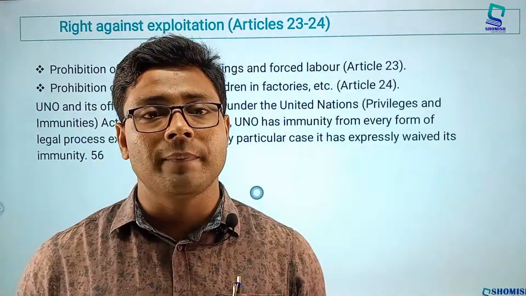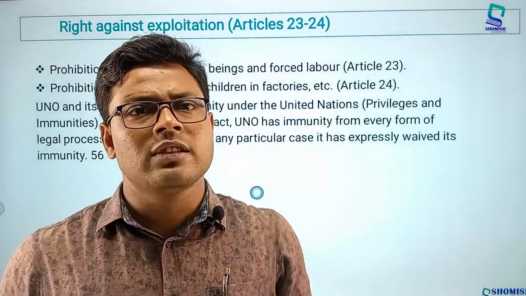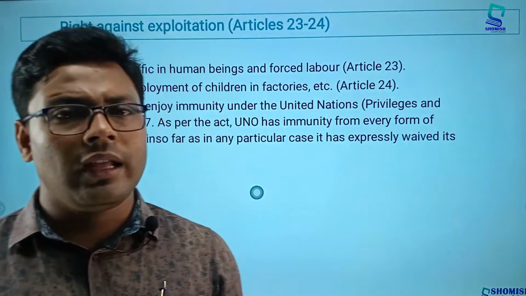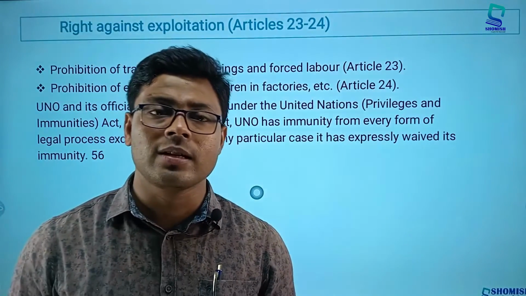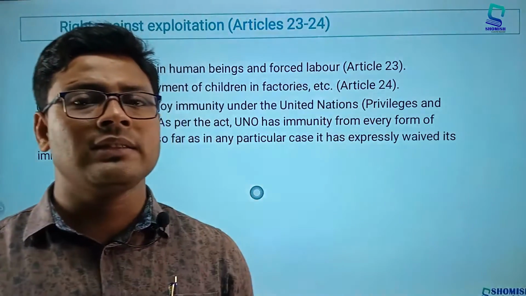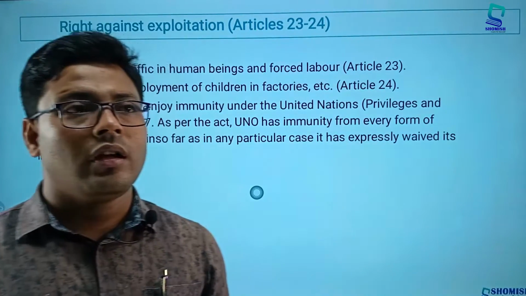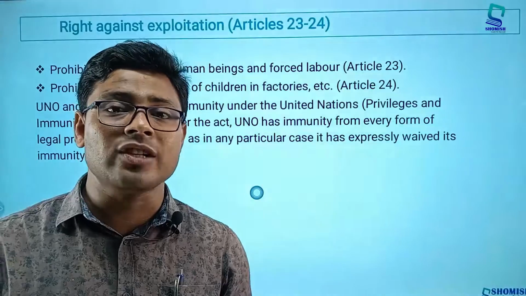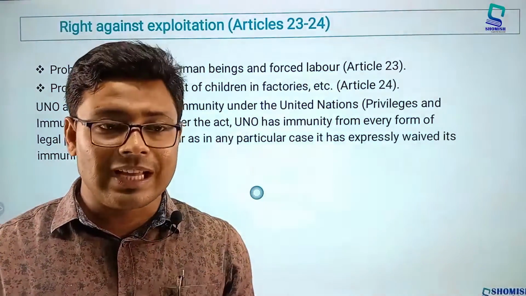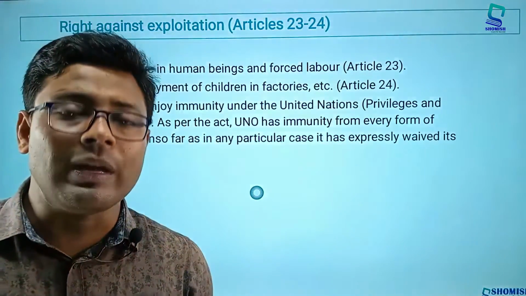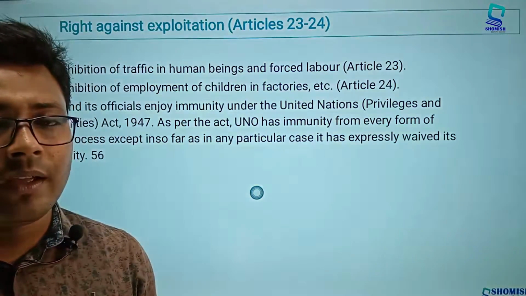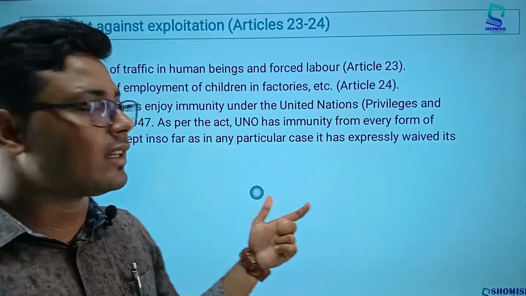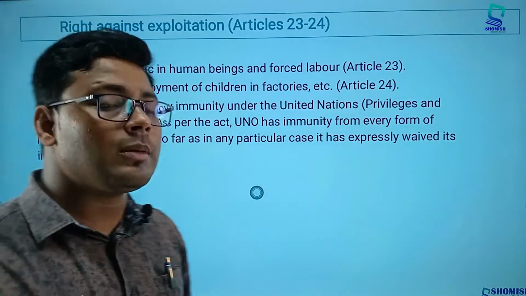Factories especially, mine factories, coal mine factories, in any hazardous workplace, children got exploited, and it is the right of people to save them from any exploitation. That's why it is enlisted in the Indian Constitution as a fundamental right.